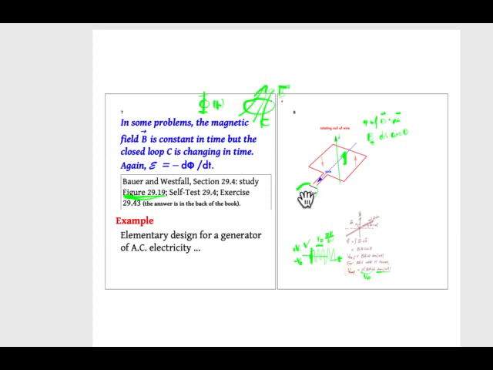So if you connected the ends of this wire to some kind of an appliance, like a motor or a light bulb or something like that, and plug it in the wall, you'll get that alternating voltage, and that'll drive an alternating current through the appliance.